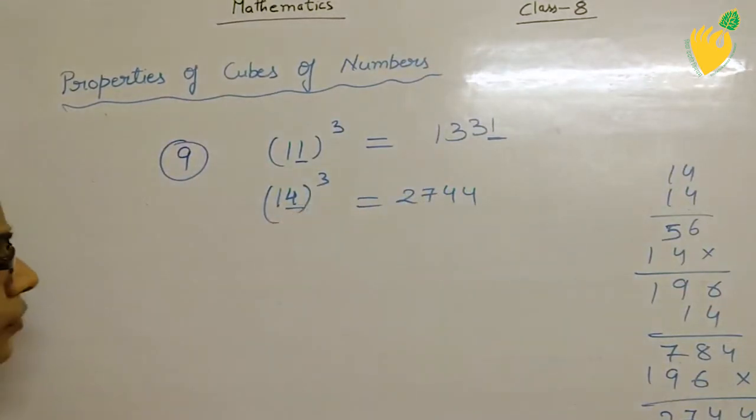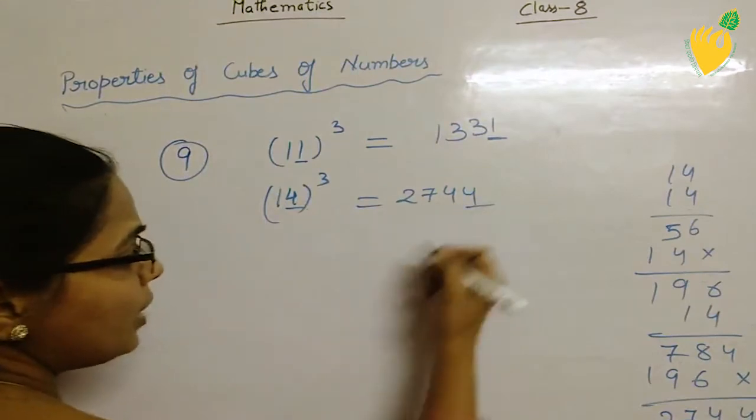You can see that if a number ends with 4, then the cube of that number will also end with the digit 4.